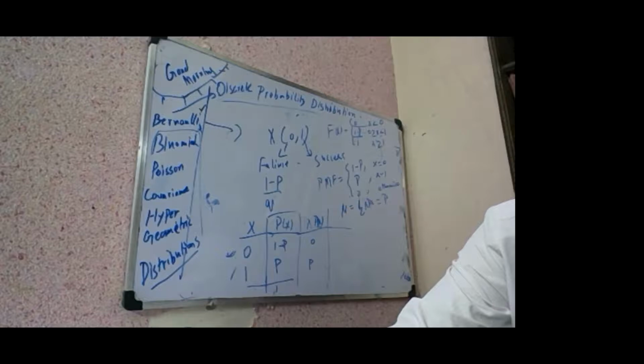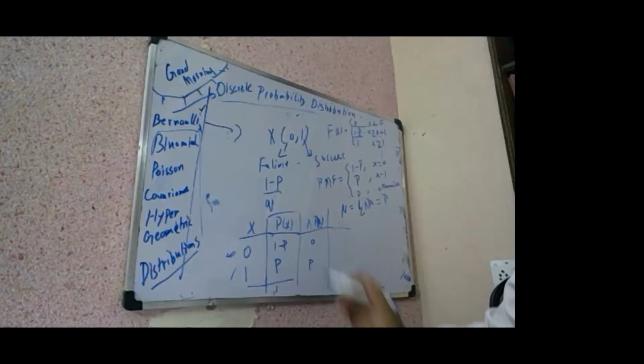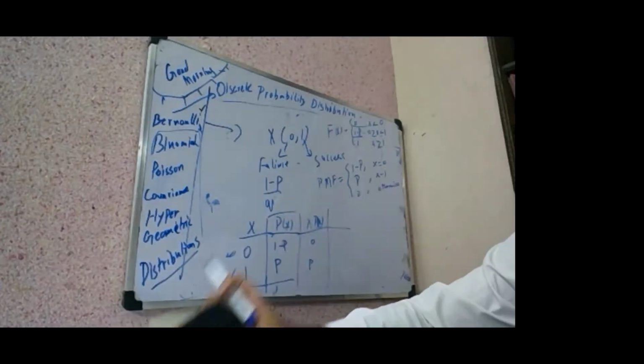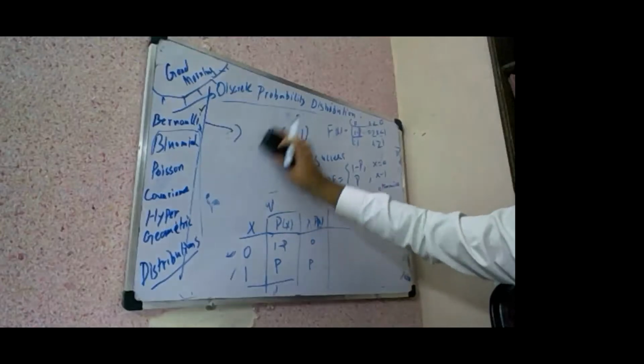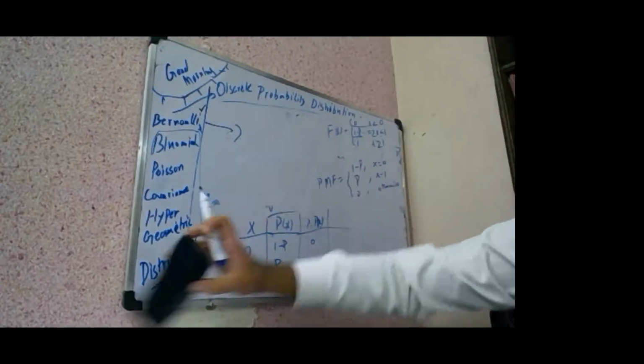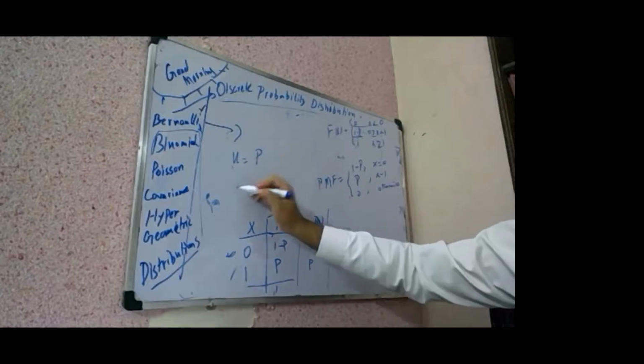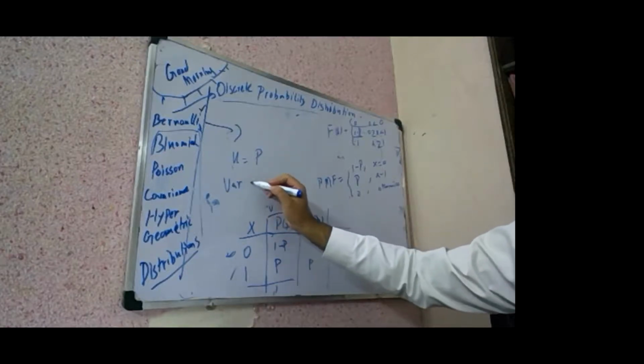X minus mu, right? And exactly the same thing, we calculate the variance. Do you understand this? So here I can say that the mean, mu, of the Bernoulli distribution is P. What is the variance?